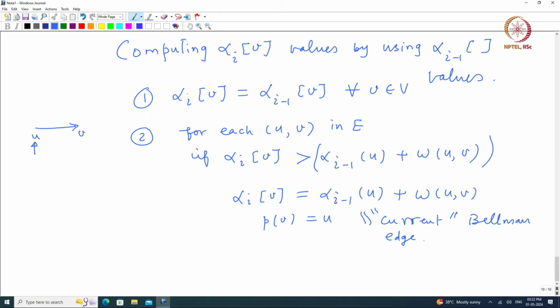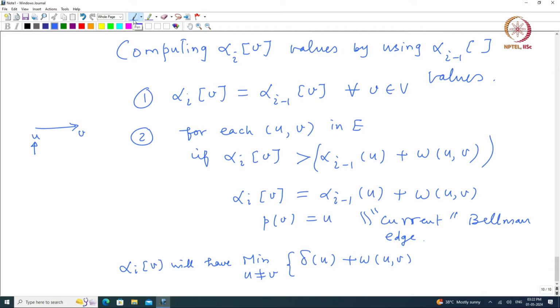So, when the loop is terminated, when step 1 and step 2 are done, alpha i v will have the minimum over u not equal to v of alpha i minus 1 u plus weight of uv. Sorry, not delta, my apologies.